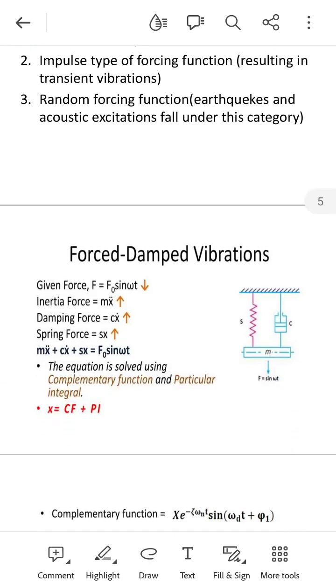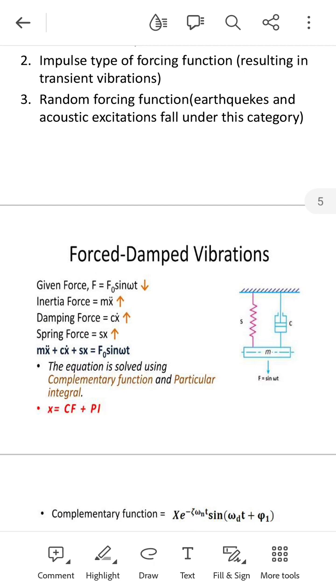Then forced damped vibrations. Given the force F = F0 sin ωt, the downward motion: inertia force m·x double dot, damping force c·x dot, and spring force s·x.